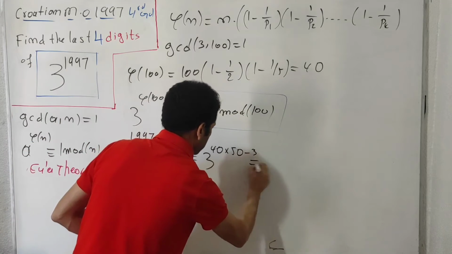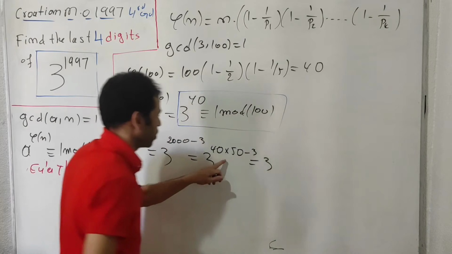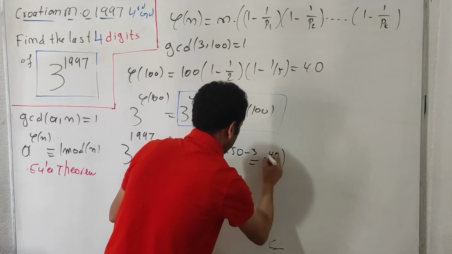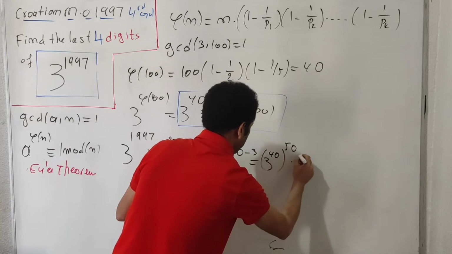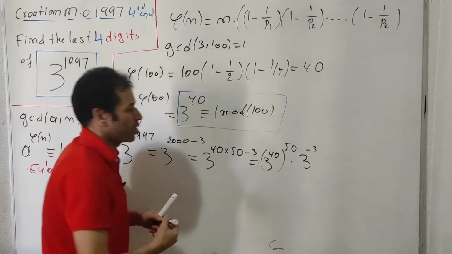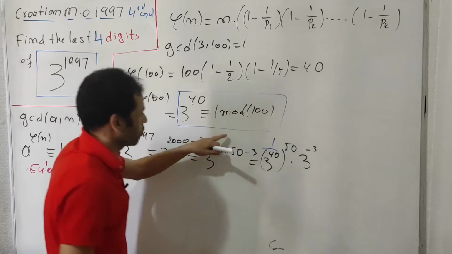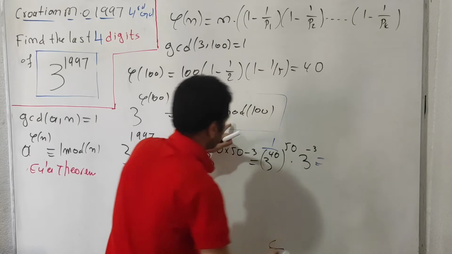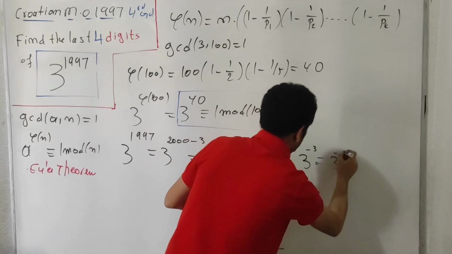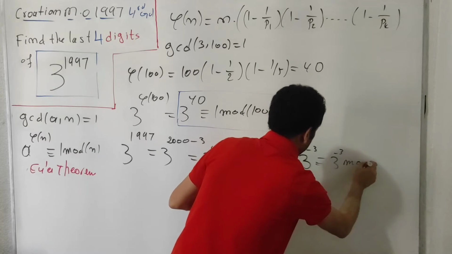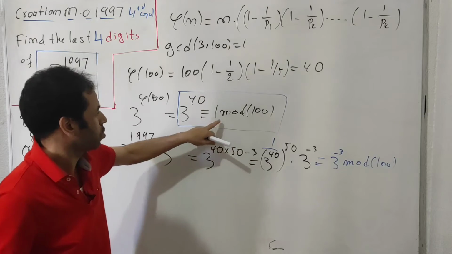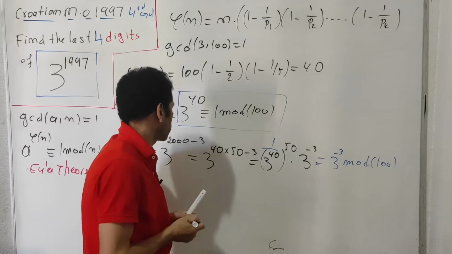So raising to the exponent, I will have 3 to the 40, to the 50, multiplied by 3 to the minus 3. The first part will be replaced with the number 1 because I'm reducing to mod 100, according to the Euler Theorem.